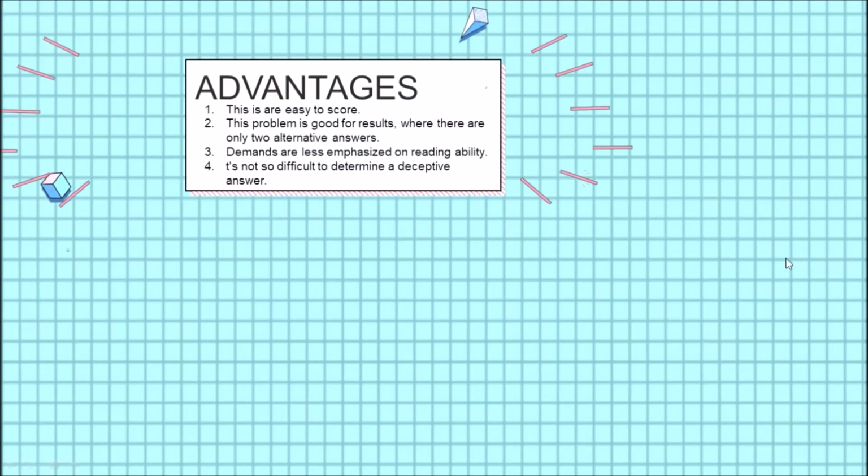The advantages of this question are: it is easy to score; second, it is good for resolving where there are only two alternative answers; the third is that the demands are less emphasized on reading ability, and it is not difficult to determine the respective answer.